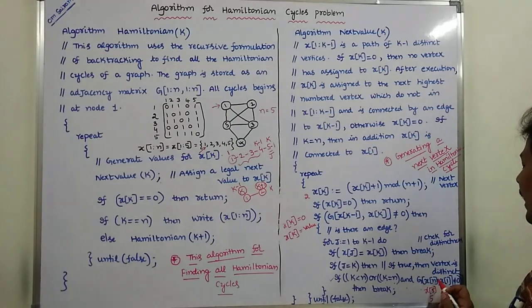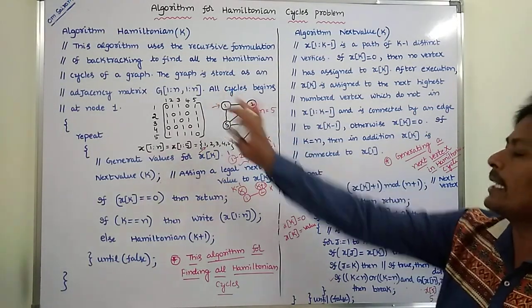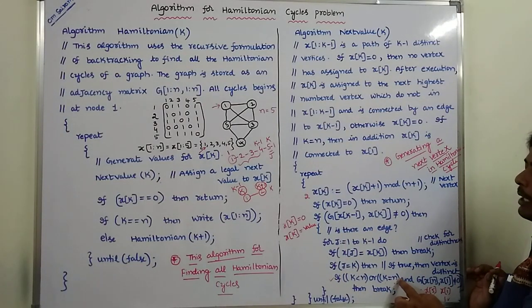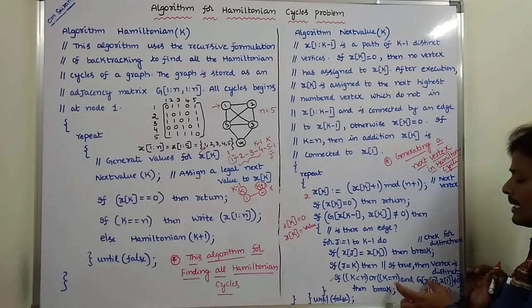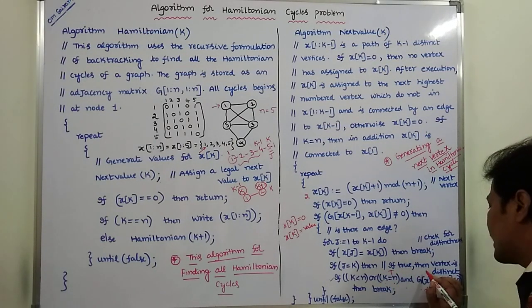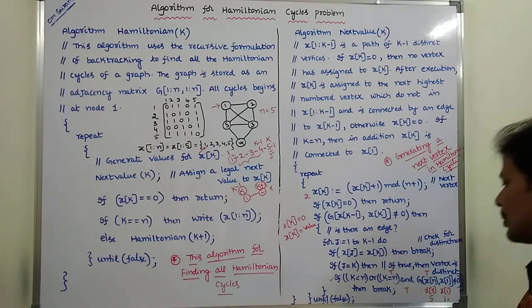And g of x of n means x of 5 points to vertex 5, and x of 1 points to vertex 1. 5 and 1 are connected by an edge. Yes, they are connected. So this condition is true. K is equal to n, 5 is equal to 5. This condition is true. Here this value is true and this value is true, true and true, so the total is true.